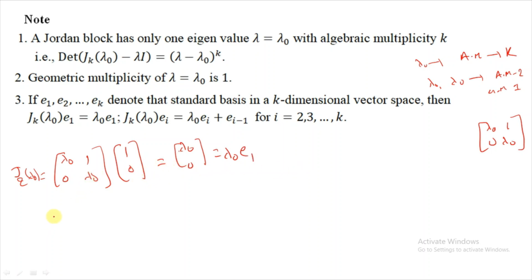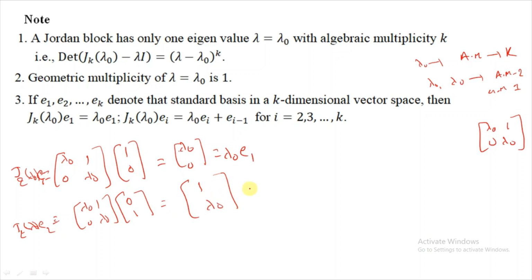Similarly, for e2 = (0, 1), multiplying the matrix with rows lambda naught, 1 and 0, lambda naught by e2, we get (1, lambda naught). That means we get lambda naught e2 plus e1, the same as lambda naught times (0, 1) plus (1, 0).